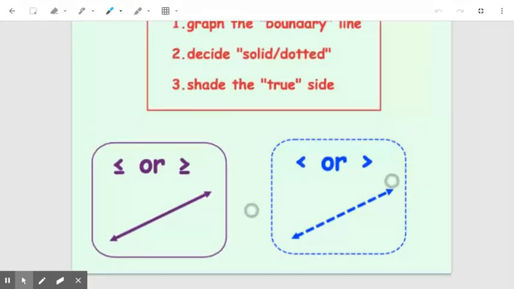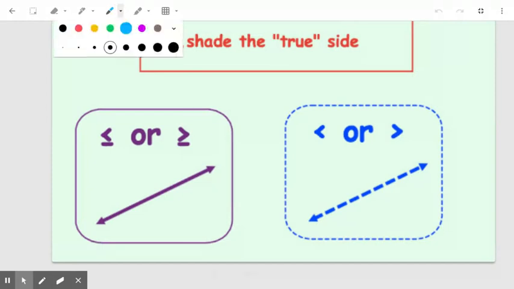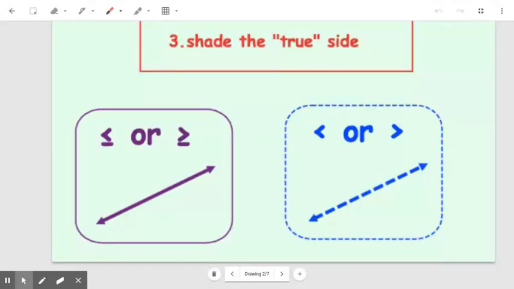Now, down here, we have a little key. So if it is less than or equal to, greater than or equal to, you are going to have a solid line. And if that's the case, the points on the line are solutions.